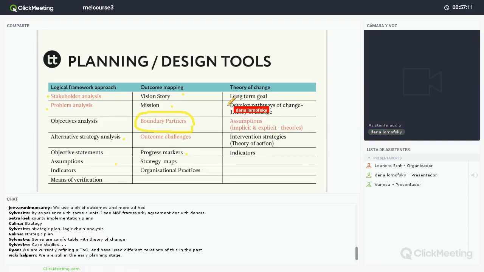Theory of change is a way of developing your story of change as well. What I think is very powerful in theory of change is the assumptions, because it deviates from the assumptions in log frame, which are just about managing risks. And here you're actually bringing in your understanding of how and why change happens. So here you have to really think about your internal assumptions.